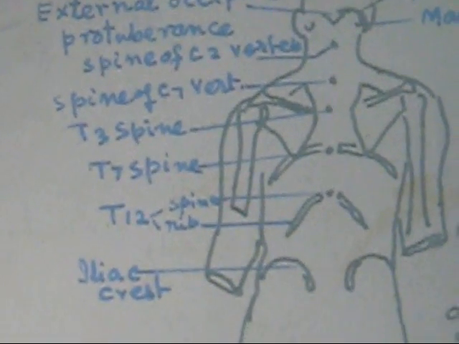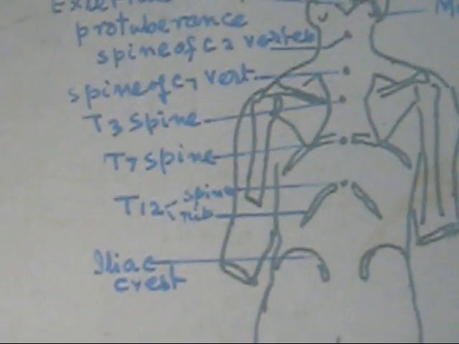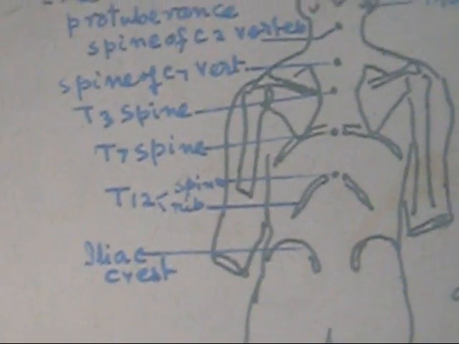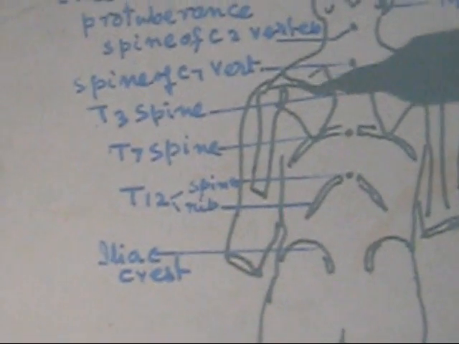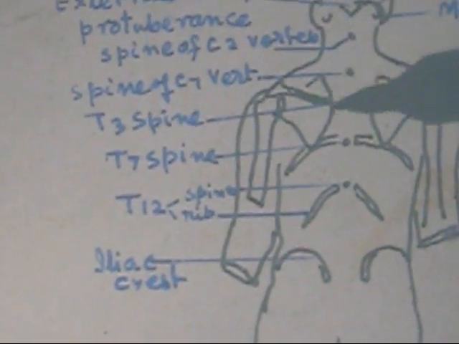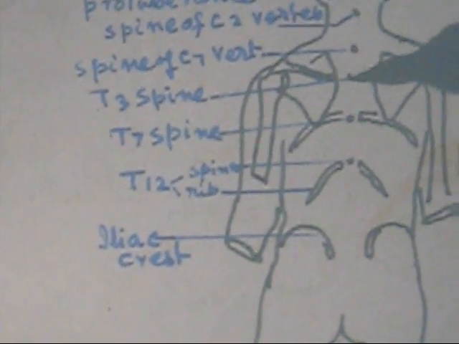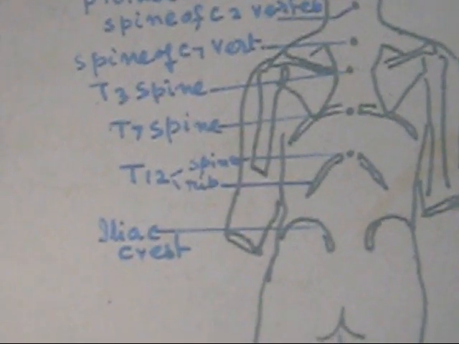Shoulder blade is a rather layman's term. The name of the bone is scapula, and the scapula has the spine, and the point where the spine meets the medial border of the scapula lies opposite the third thoracic spine. That is why the third thoracic spine has been marked in that diagram.